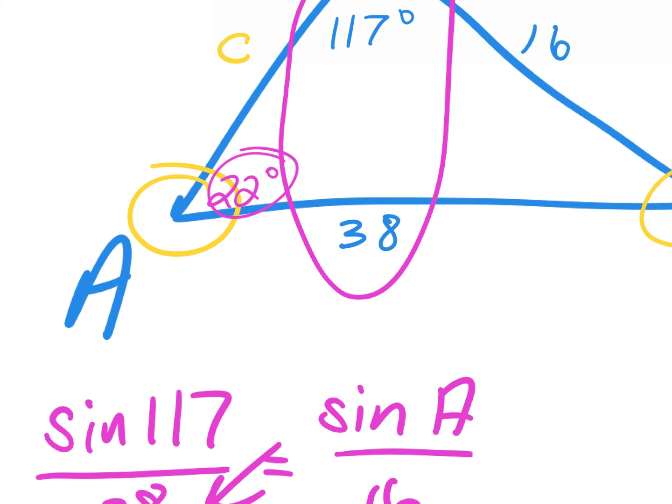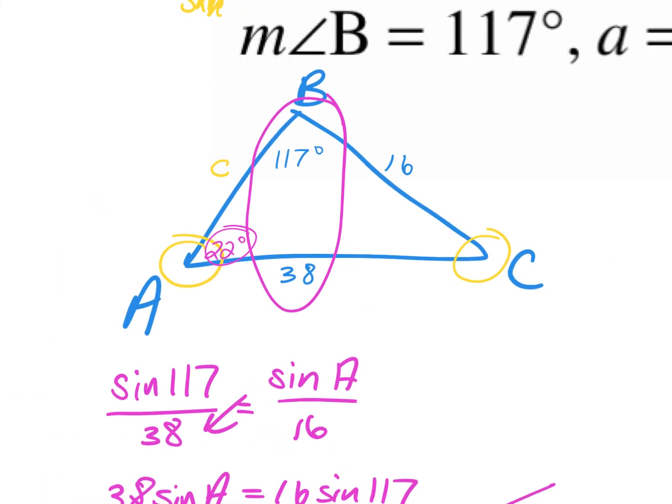Well, if I know the angle A is 22 and B is 117, can I figure out what C is? Yeah. How? Add and subtract. 117 and 22 gives me 139. And then 180 minus 139 gives me 41. So angle C is 41 degrees.